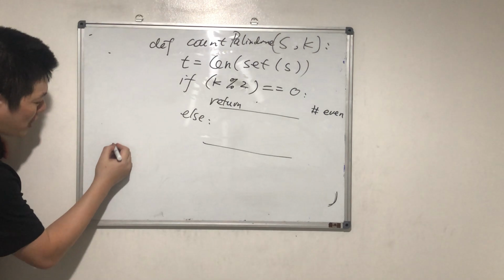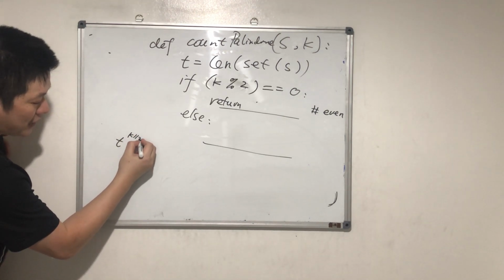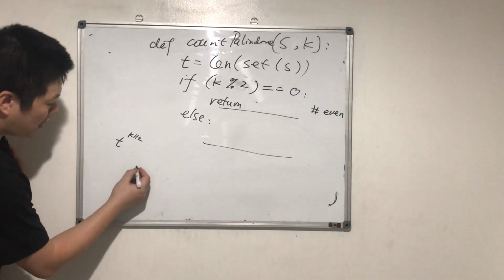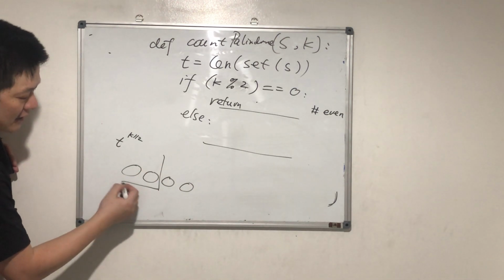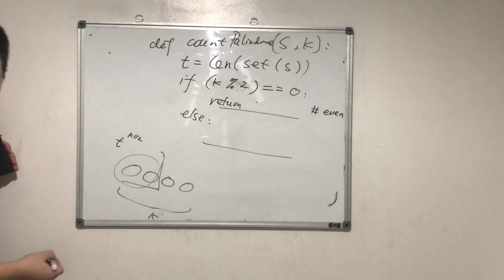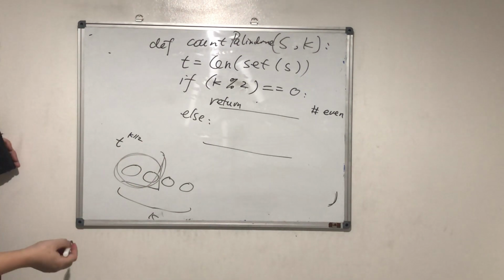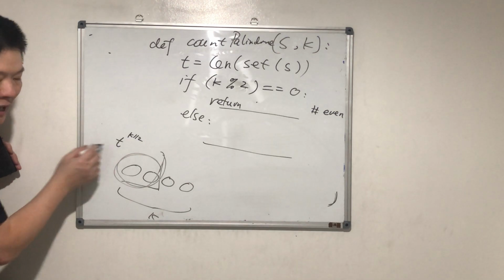We want to know, T to the power of K divided by 2, right? Let's not square, because this is an even number. How many is this? This is K, and how many is this? It's K divided by 2, and each one has T options.